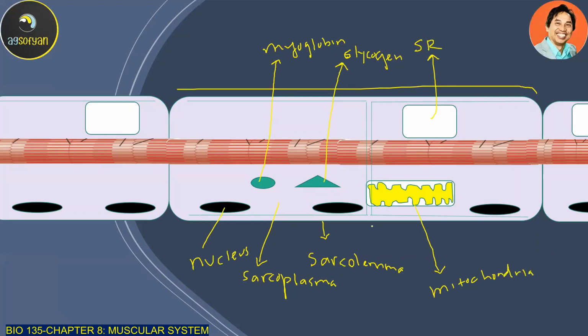Okay, if you see the sarcoplasma, it has a double membrane. In one place, that double membrane goes inside to the sarcoplasma and creates this T letter. So this is what we call the T tubules.